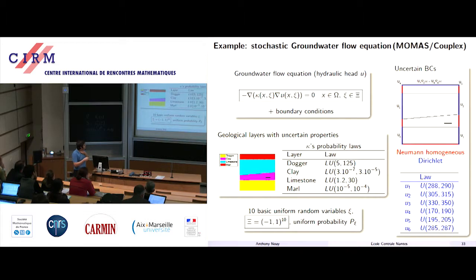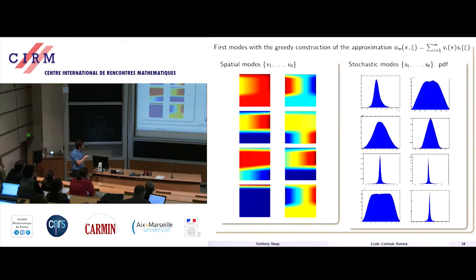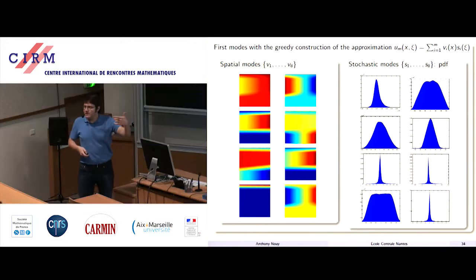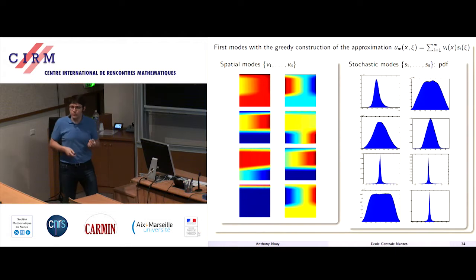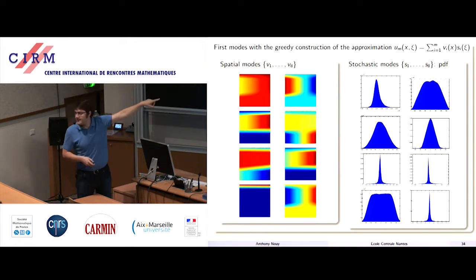Here you have a problem with 10 stochastic dimensions, 10 random variables to describe the uncertainty. And these are the spatial functions that are constructed by the algorithm. You have several iterations to compute these functions, but the number of computations of complexity V, so finite element approximations here, is of the order of 8 in order to compute these 8 functions.